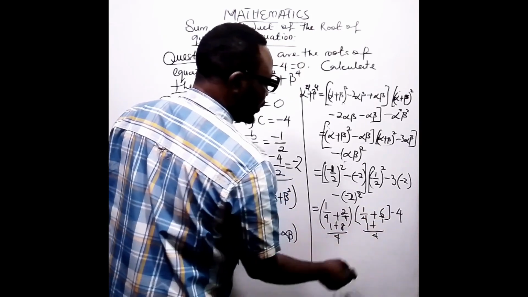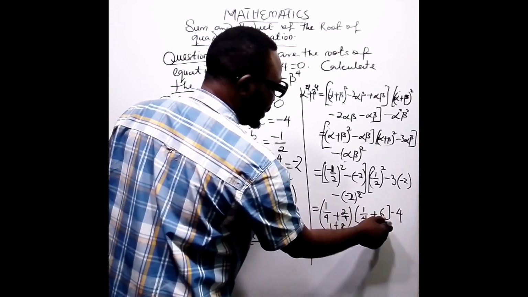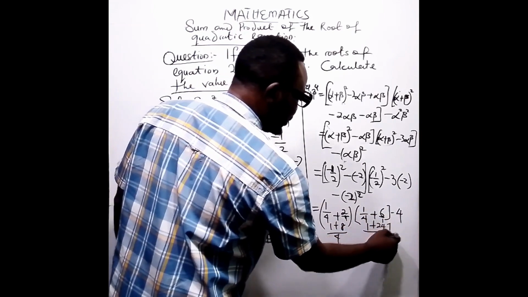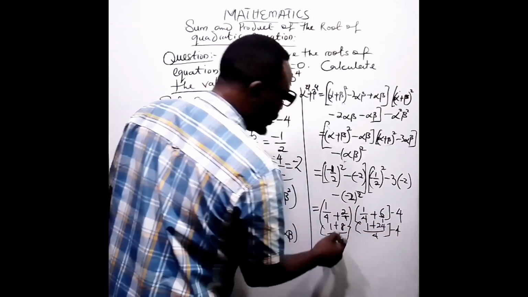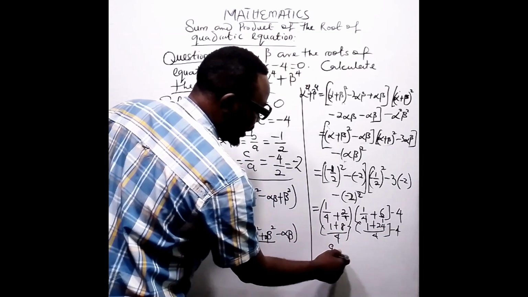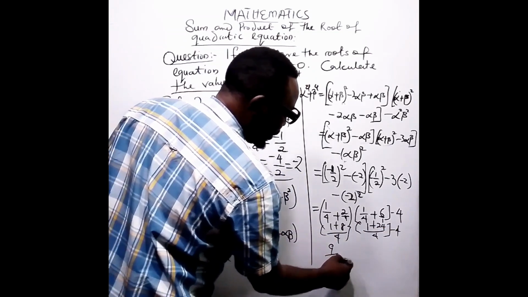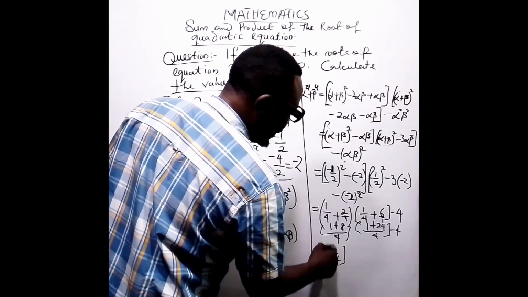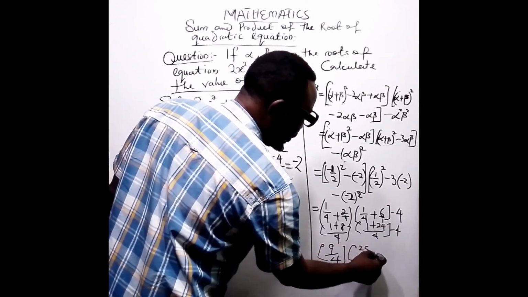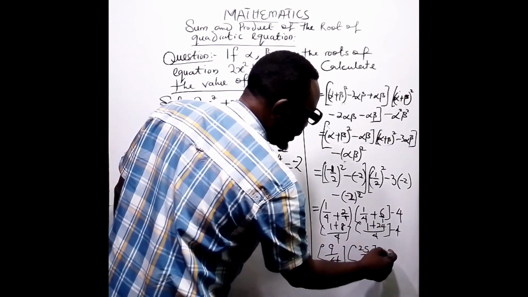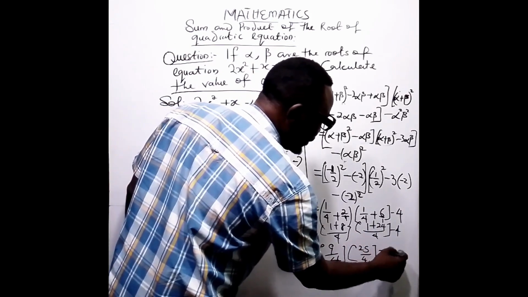Plus 1 in 4, 4 times 6 is 24. Close the bracket again. So minus 4. So we are having here 9 over 4, put it in bracket. Then we have 25 over 4, put it in a bracket like that as well, minus 4.